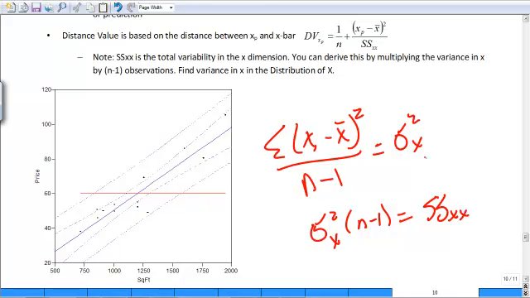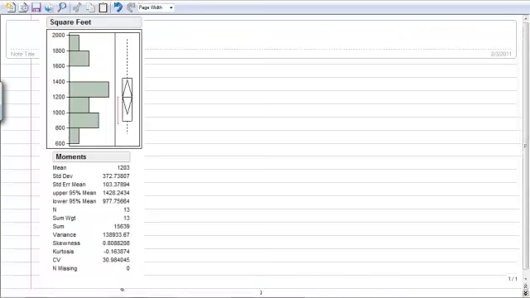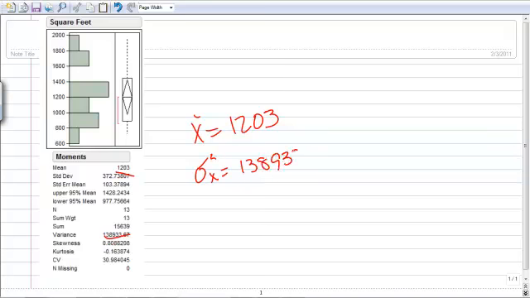Where do we find the variance? Well, we find the variance the same place we find the mean. We're going to need to take a look at the distribution of x. And I've gone ahead and pulled a distribution of x. Key things that we're looking for: the mean, x bar, is 1203, and the variance of x is 138,933.